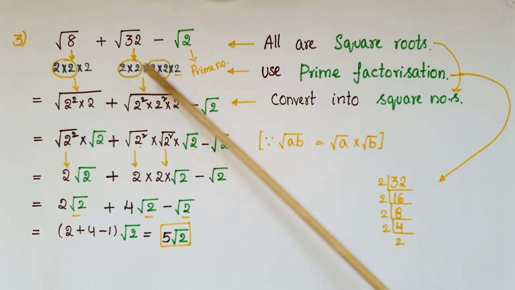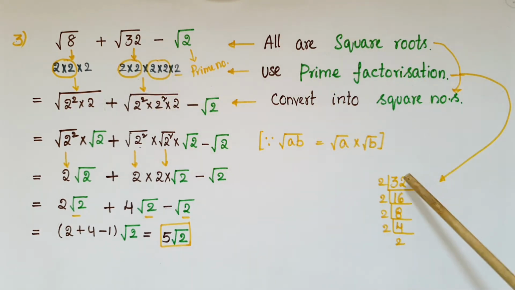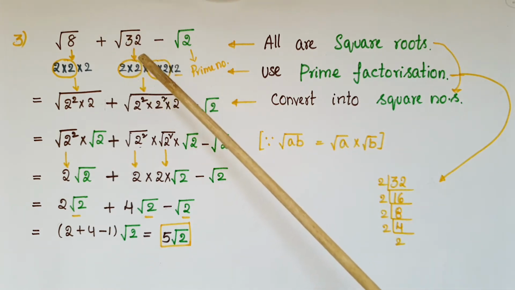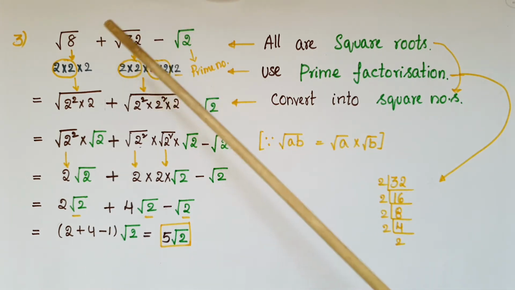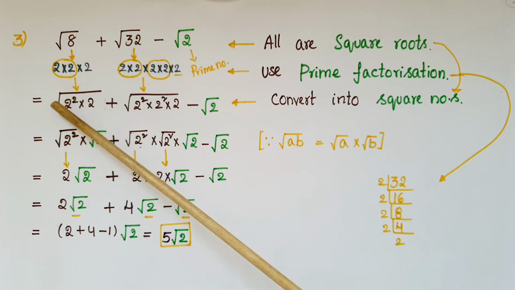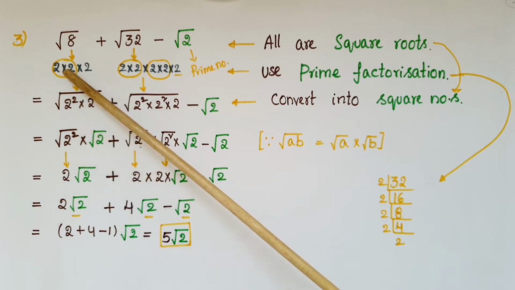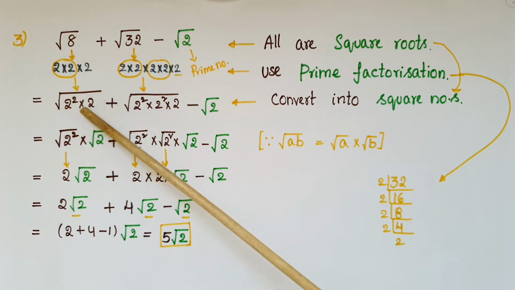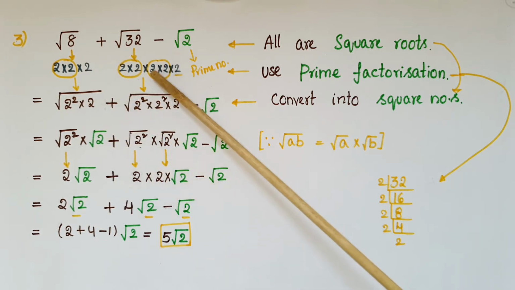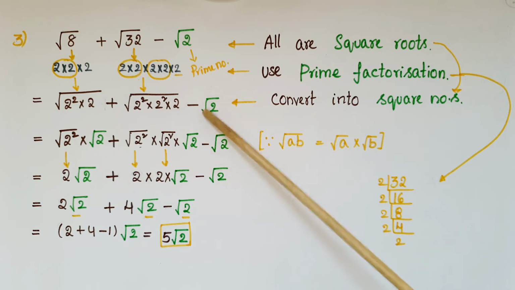We can write directly if you know, otherwise you have to factorize like this and write the numbers here. Then here there are square roots, so take out all square numbers from these numbers. So here we can write like this: root of 2 square into 2, and here the square numbers are 2 square into again 2 square into 2, minus root 2.